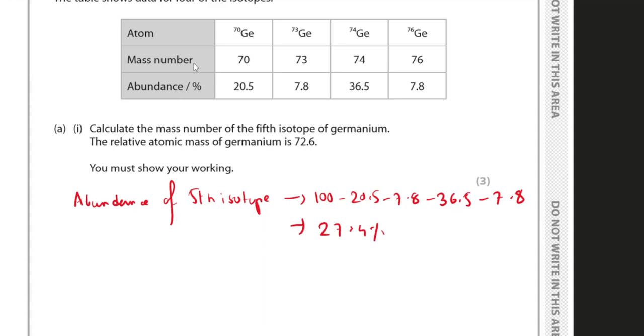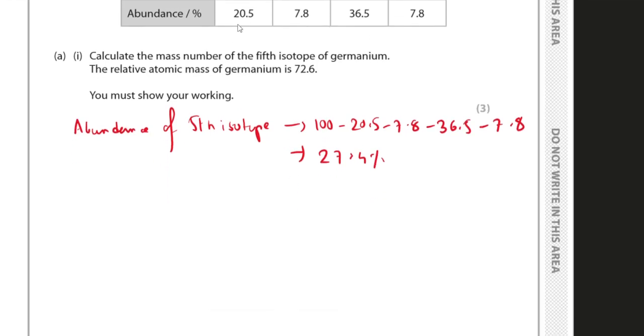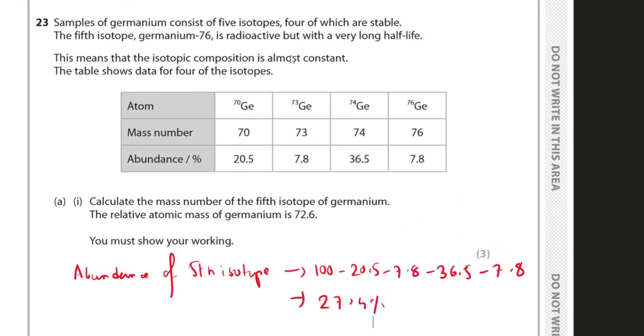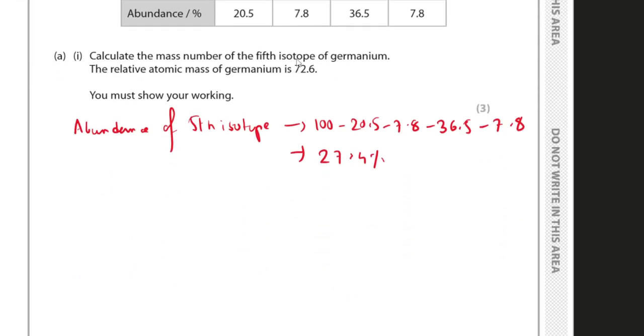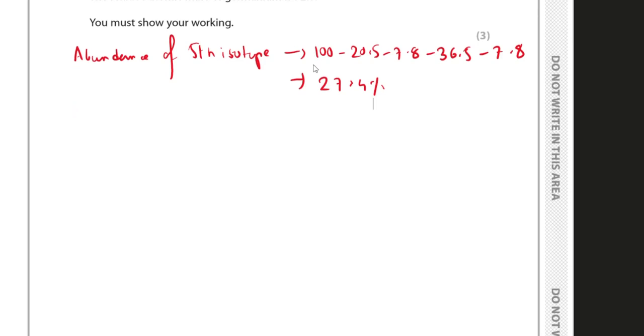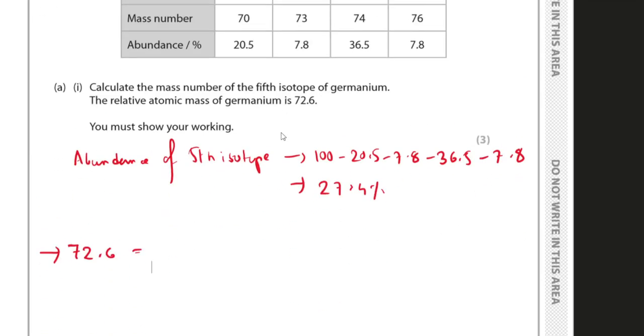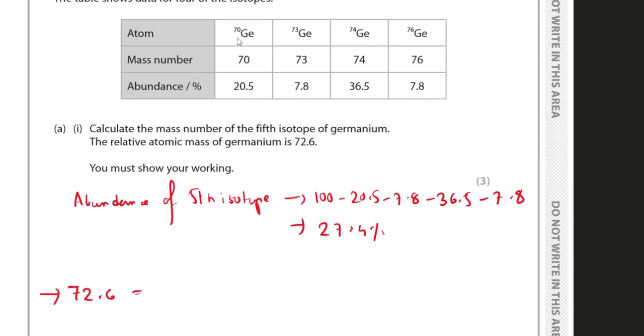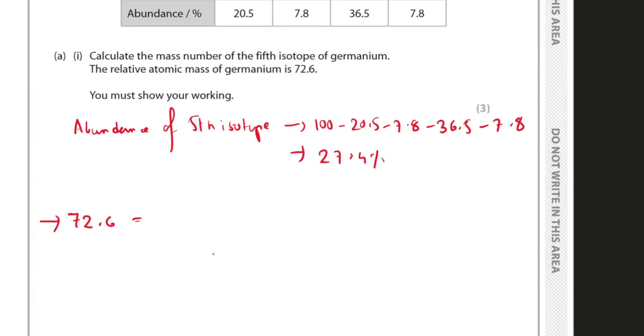Now we need a formula to find the relative atomic mass, which they have provided for the whole germanium, which is 72.6. The relative atomic mass is equal to the total summation of the abundance multiplied by the mass number, divided by 100.